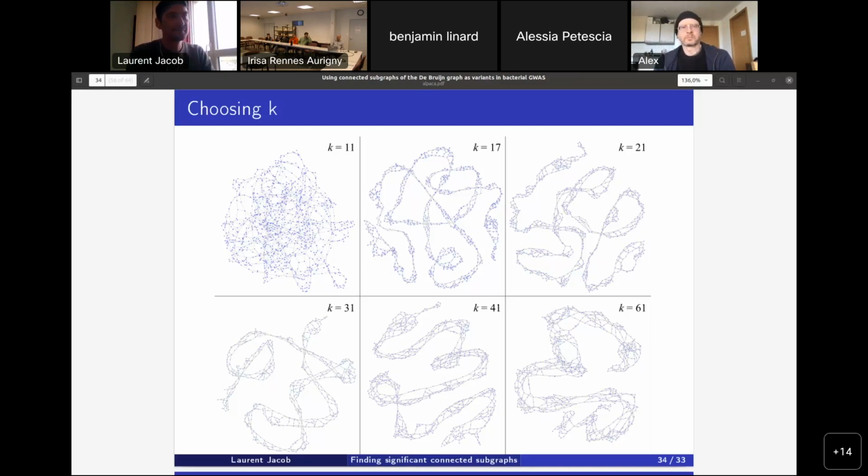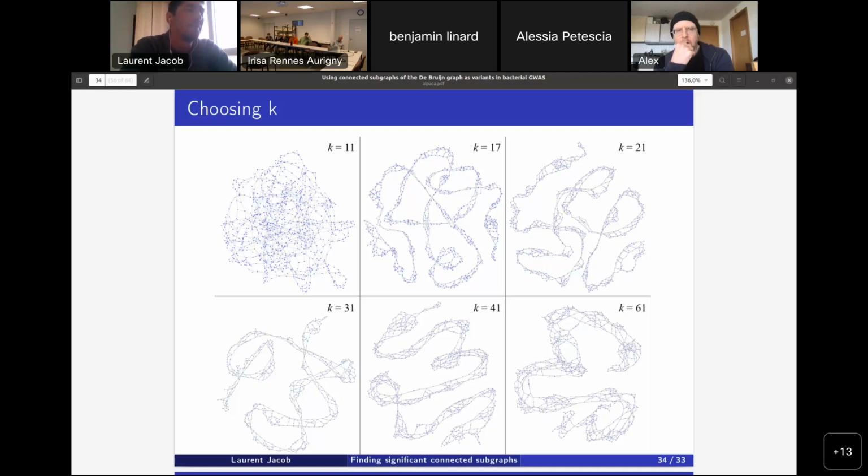Are there any other questions? There was a remark from Benjamin Lina on the chat about the size of k related to the distance of variants in the genome. It's probably a good point, but I think the issue is that you would need to know the reference. If you want to define mutations in the genome, you need to have a reference probably, and this is what we wanted to avoid in the first place.